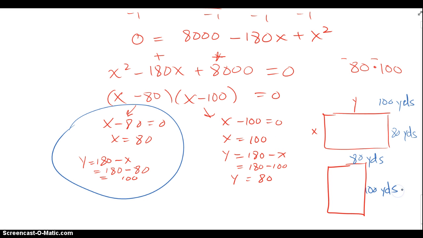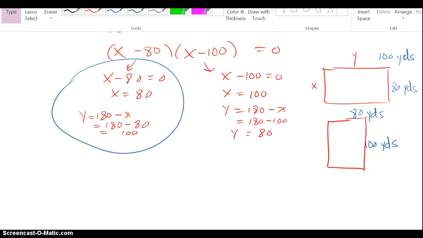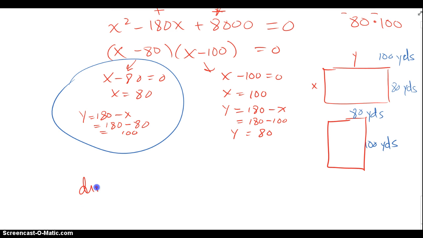Either way, you get the same answer of 8,000 square yards, with 360 yards covering the whole thing. So the dimensions, the easy way to say it, are 80 yards by 100 yards.